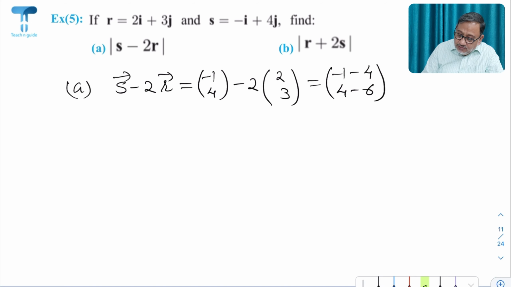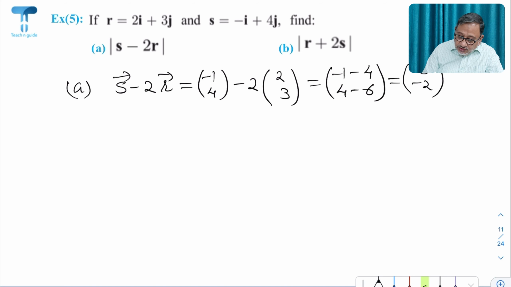So 2 times 2, 4, 4 is here. 2 times 3, 6, 6 is here. So minus 1 minus 4, and 4 minus 6. So this will be finally (minus 5, minus 2).